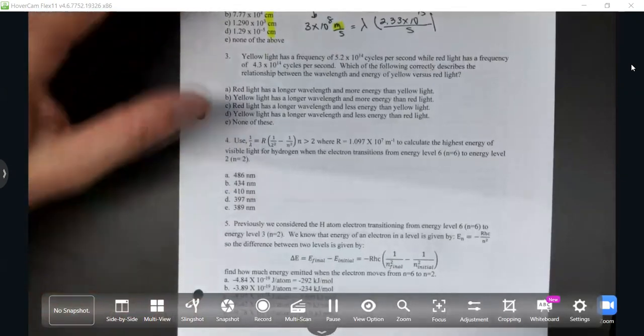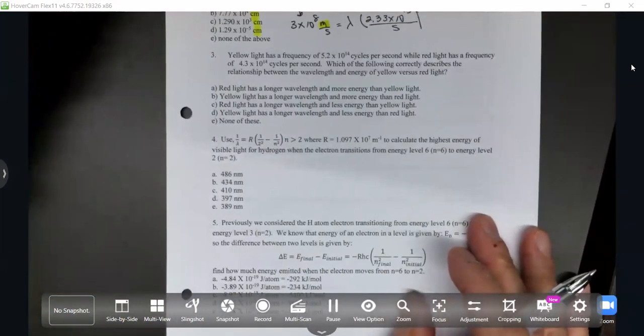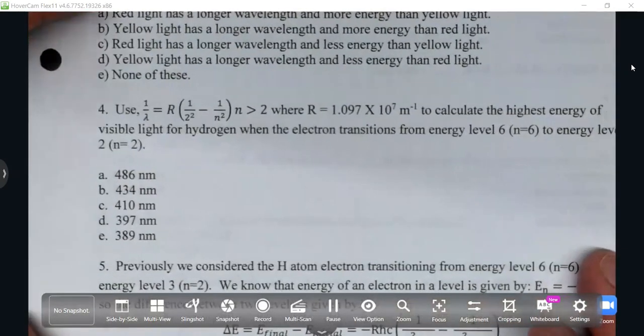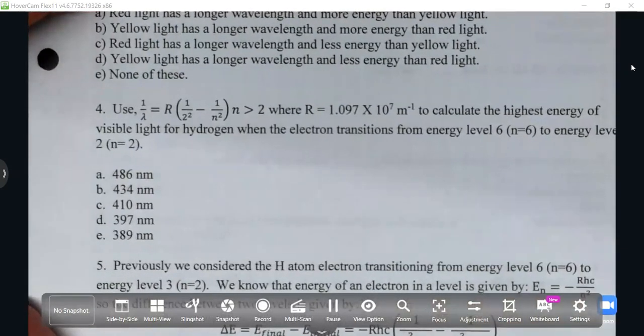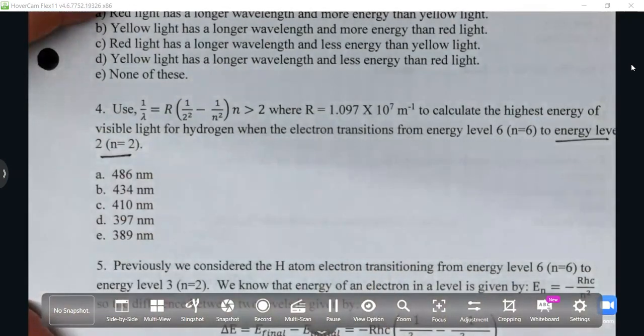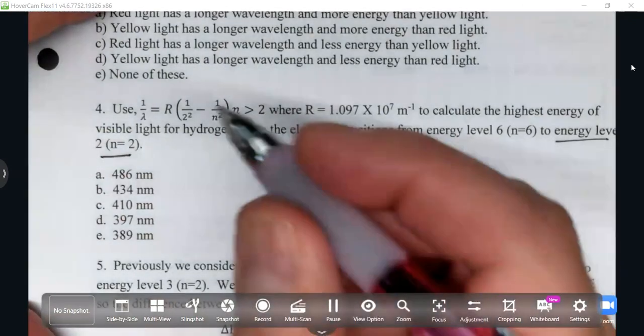Yes. So on 4, let's see what we got here. All right, calculate the highest energy of visible light for hydrogen where the electron transitions from 6 to 2. Okay. So let's see.